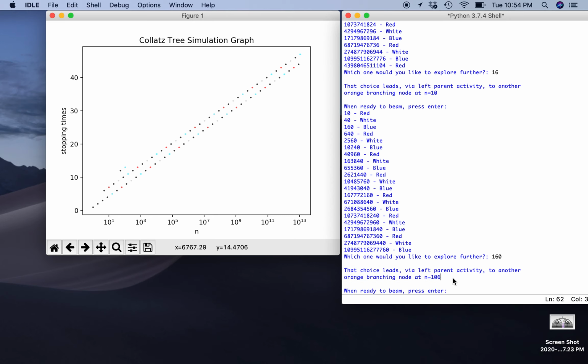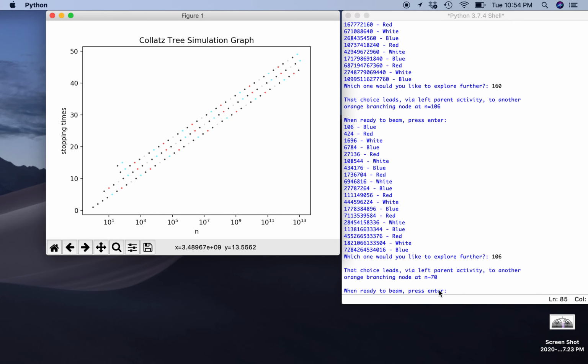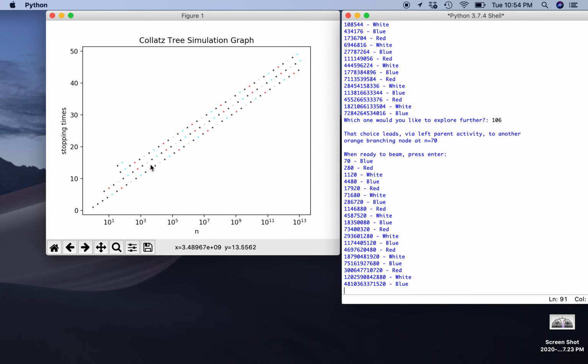This is a way for us to actually categorize what this Collatz shape is for the orange branching node at 16. We're ready to beam. All right, and we see that the first one is blue. It forms another blue node, so it looks like our number so far is 2, 0, 0. I actually didn't plan this out, that's interesting.